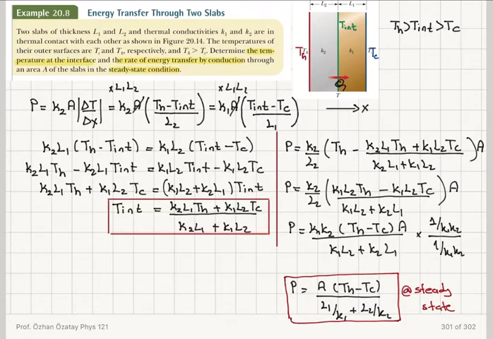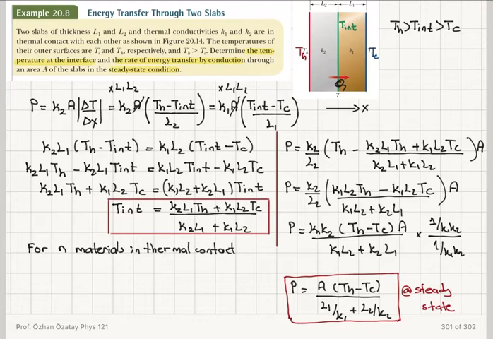Actually, this result can be generalized to n materials that are in thermal contact. So we will see that in general, for more than one material, for n materials in thermal contact, we can write the following.